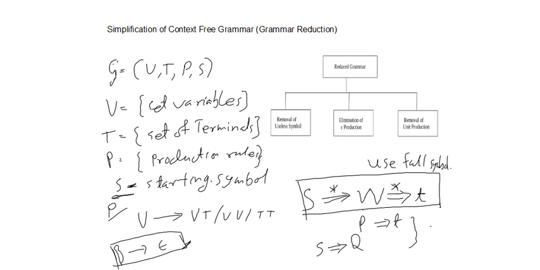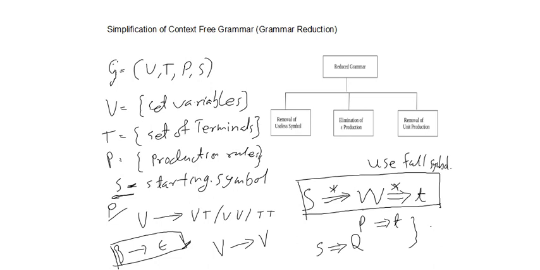The third one is removal of unit production. I'll explain that now, and again we'll do some example problems in detail. Unit production means that in the production rules of the grammar, you have a production of the form V implies W, where one non-terminal produces another single non-terminal.